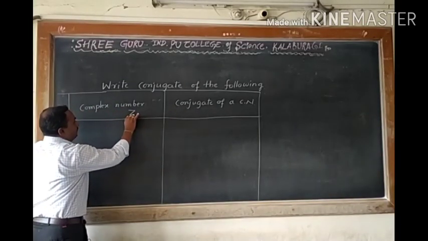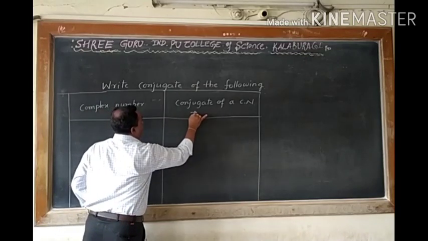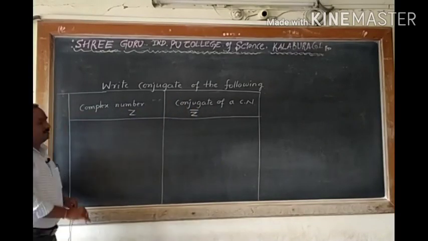This is complex number denoted Z, conjugate of a complex number denoted Z bar, Z conjugate.